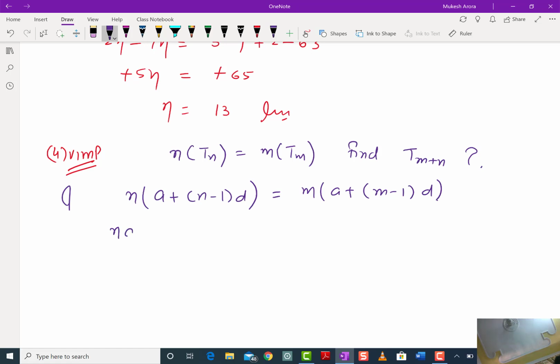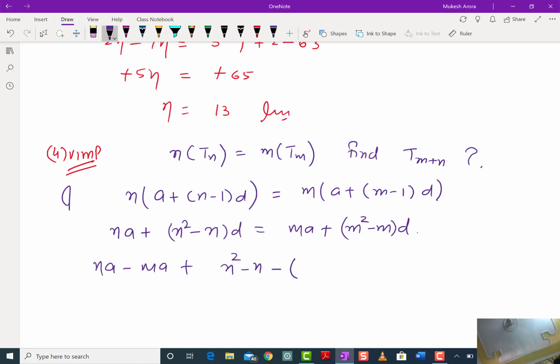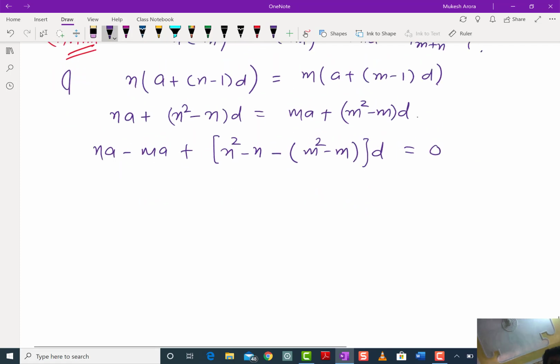So open it. Na plus n square minus n into d is equal to ma plus m square minus m into d. So na minus ma plus n square minus n minus m square minus m whole bracket d is equal to 0. Again, a is common: a times n minus m plus n square minus m square minus n plus m into d is equal to 0.